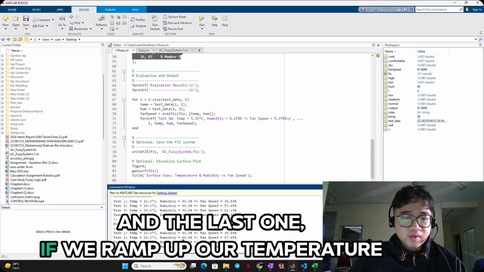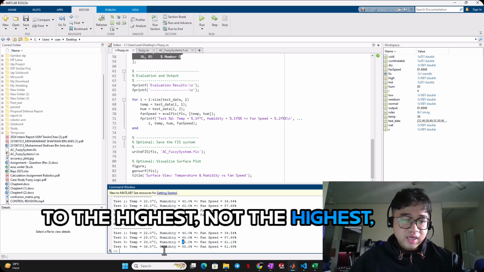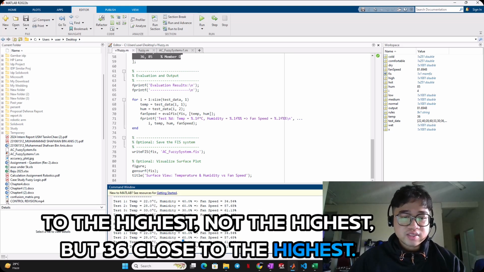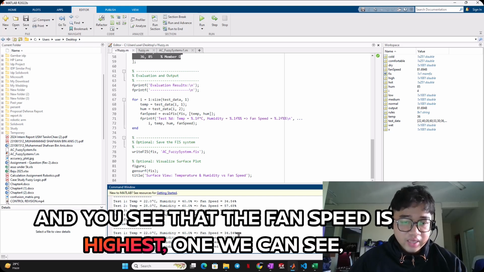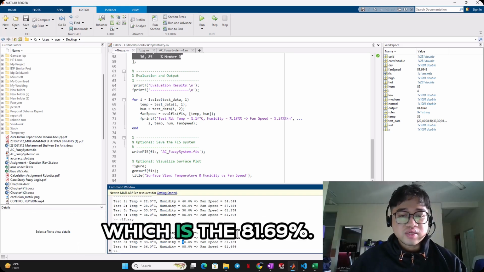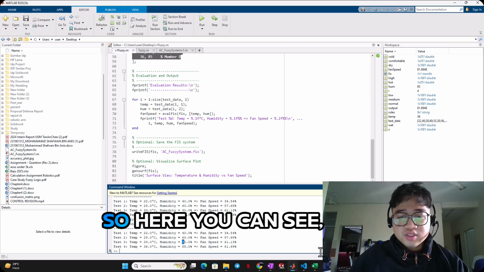And the last one, if we ramp up our temperature to 36, close to the highest, and the humidity is high, the fan speed is the highest, which is 81.69%.